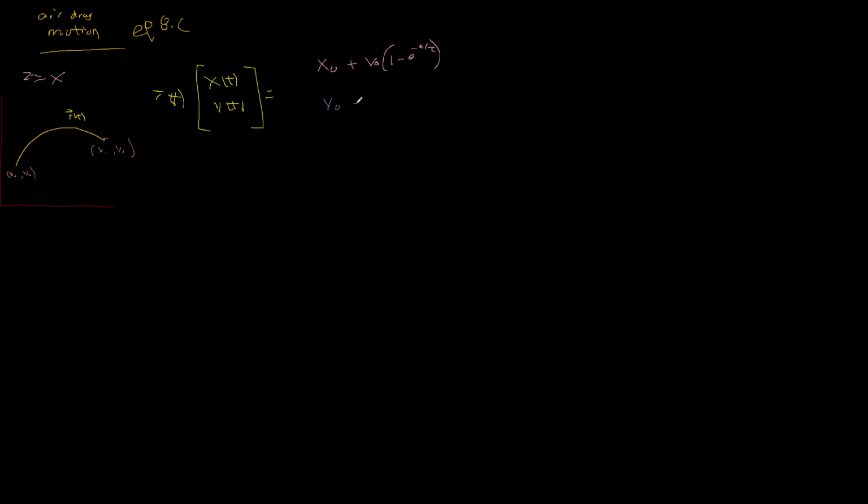And y naught plus our terminal velocity, that's a terrible plus, better, times time, plus tau v terminal times 1 minus e minus t over tau. Okay, and so this parametrically describes our motion.